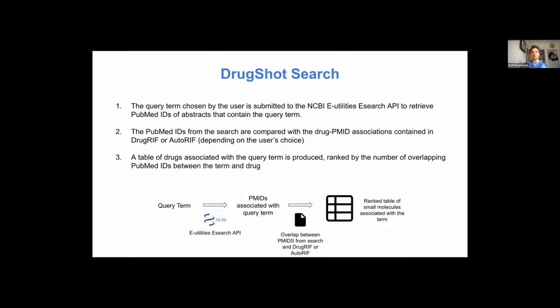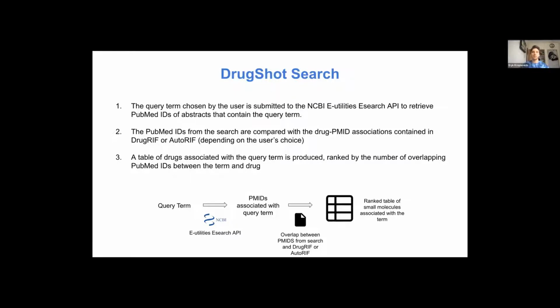And just to give a visual for how this DrugShot search is conducted, again, we have this query term that's chosen by the user, which is submitted to the NCBI eUtilities eSearch API, which we just termed the PubMed API. And we find PubMed IDs of abstracts that mention this query term.